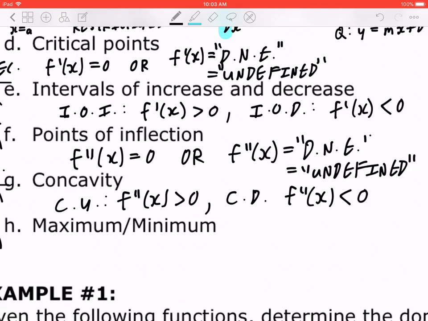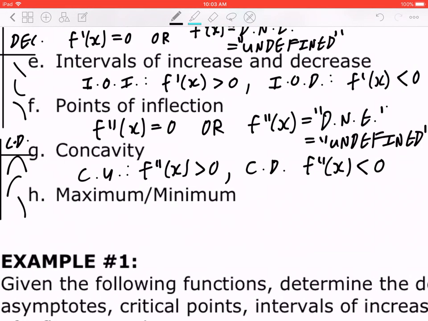And of course, you can kind of relate this to the next part, which is max and min. So to find the max and min, of course, you can go through the first derivative test or the second derivative test. So for a maximum, here's the two general ideas. You can say, okay, a maximum occurs when the function is increasing, it hits a point, and it starts to decrease. And you have to be clear, I always draw this concave down graph, and that's not the only case.